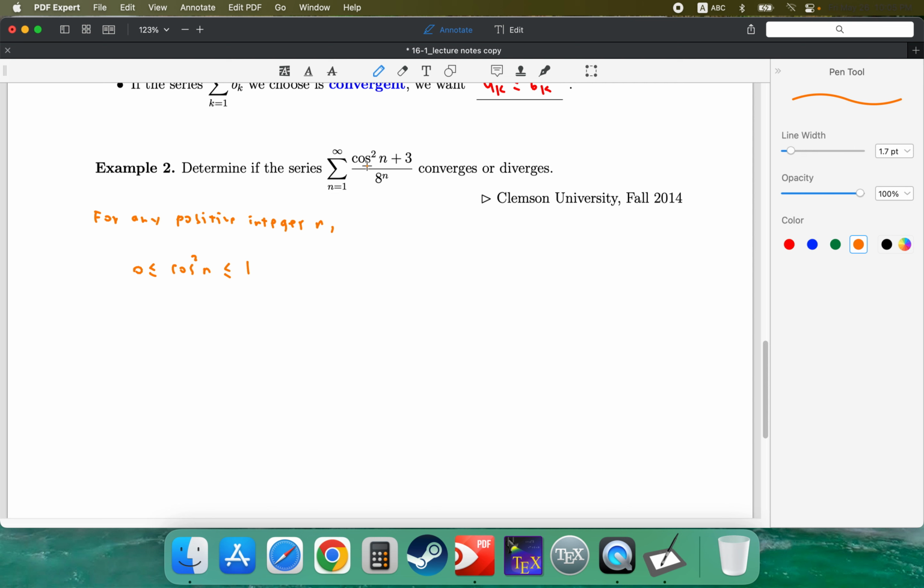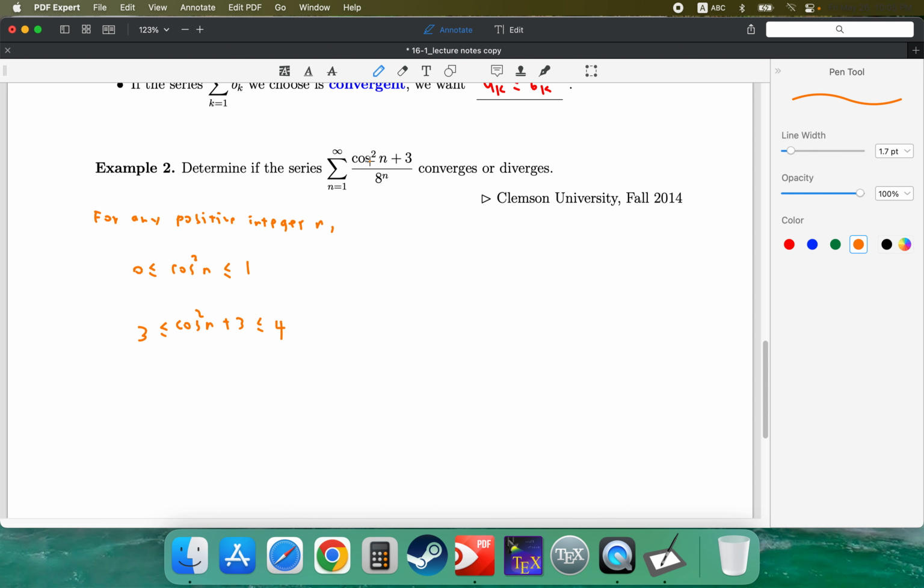Notice that right here, our numerator is cosine square plus 3. So that means cosine square plus 3 will always be between 3 and 4, because I add 3 in the middle, so I add 3 here and also here. So your numerator is always between 3 and 4.